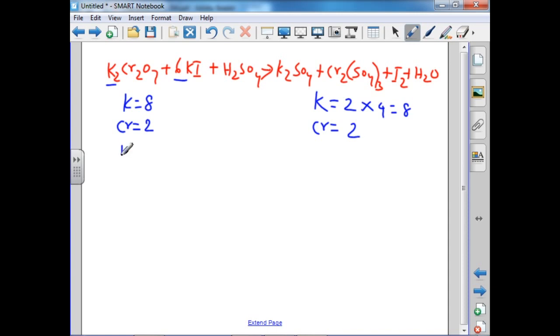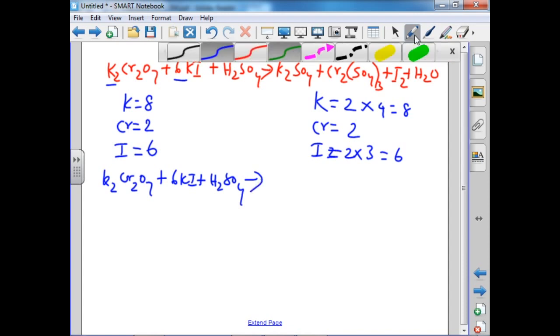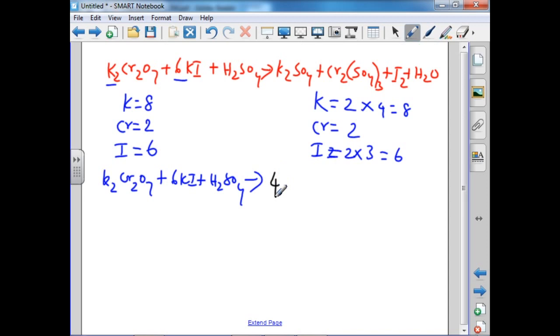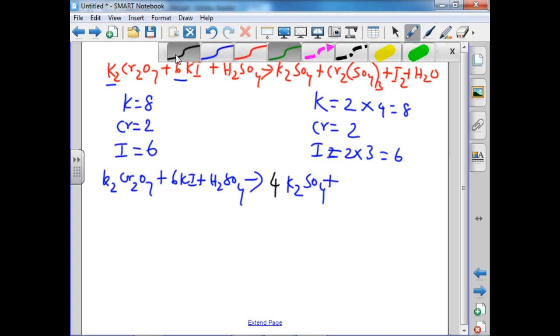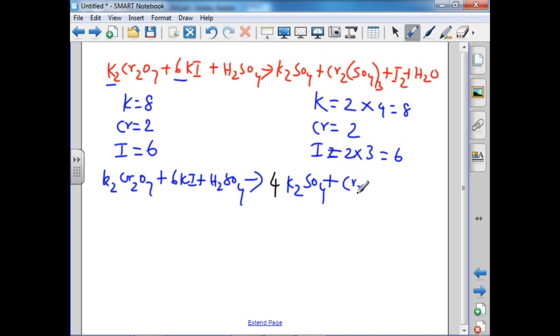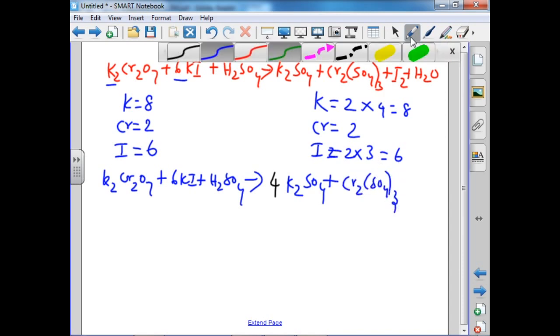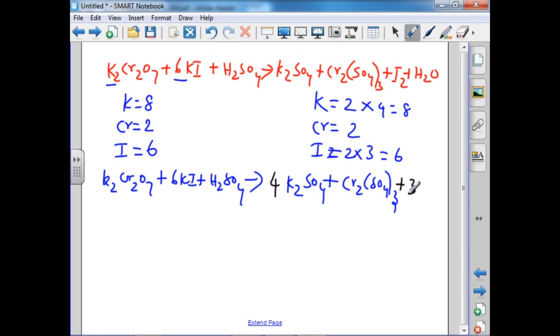The next one is iodine: 6 atoms from the reactant side, but only 2 atoms from the product side, so multiply by 3. So K2Cr2O7 plus 6 KI plus H2SO4 gives 4 K2SO4 plus Cr2(SO4)3 plus 3 I2 plus H2O.